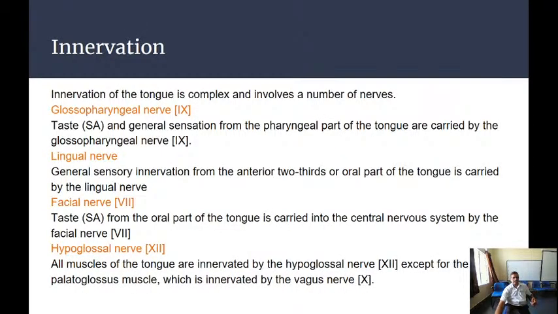Now the innervation, as I told you: the lingual nerve, the facial nerve, the secretomotor, the taste sensation and secretomotor fibers. Whereas from the posterior third of the tongue, the sensation of taste is by the glossopharyngeal nerve.